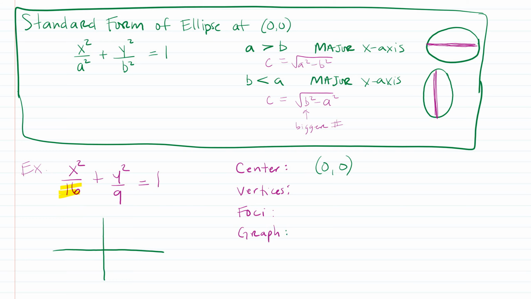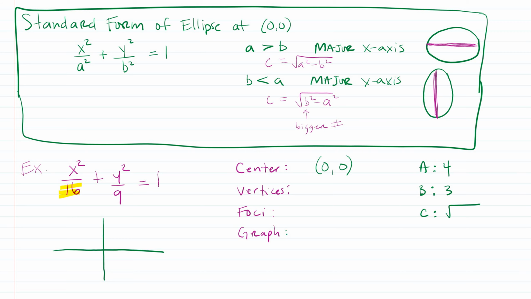This number represents the a value. So a is the square root of 16, so a is 4. Remember that in the equation this is a squared and b squared. So a is 4, b is 3. It's going to be important for us to find c. So then come back up here.